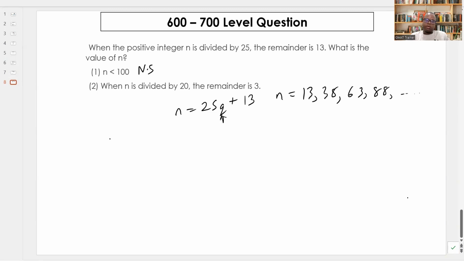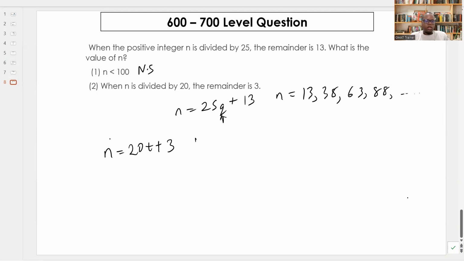When n is divided by 20, there is a remainder of 3, so n is equal to 20t plus 3. What values of n will satisfy this condition?